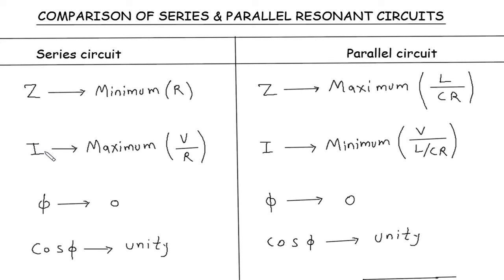In series resonant circuit, current is maximum and it is equal to V by R. For parallel circuit, current is minimum and it is equal to V by L by CR. We know that current is equal to V divided by impedance, and impedance here is L by CR.